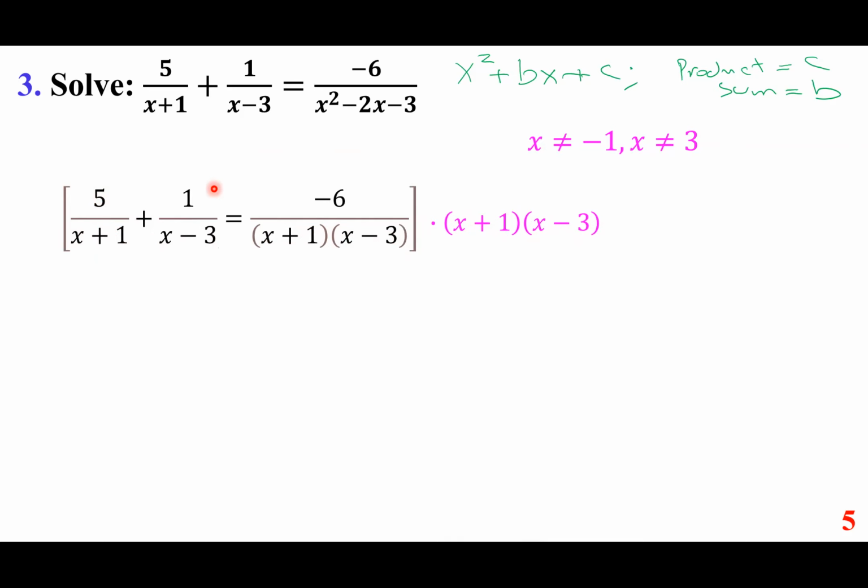The second fraction, x minus 3 goes away, plus 1 times x plus 1. And the right side, everything goes away, and what remains is the numerator only. So 5 times x minus 3, plus 1 times x plus 1 equals -6. So I hope you see how fast and how easy you can solve this.